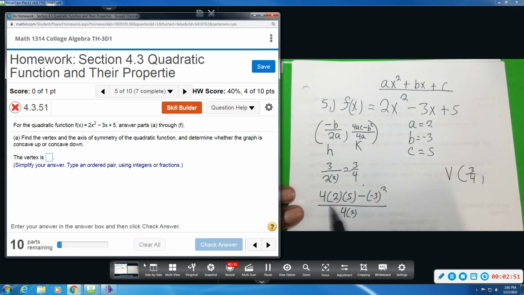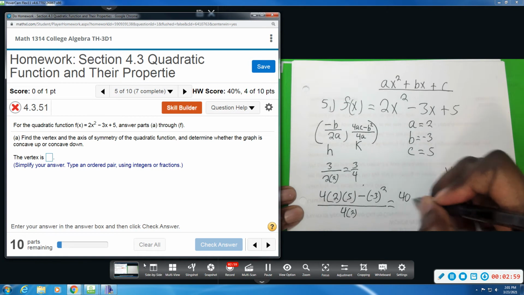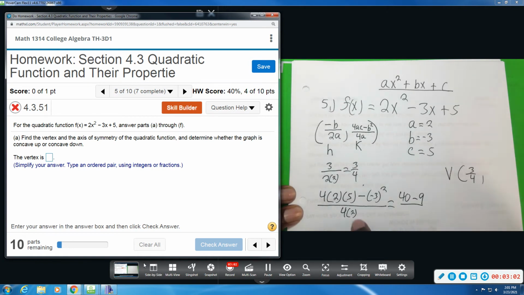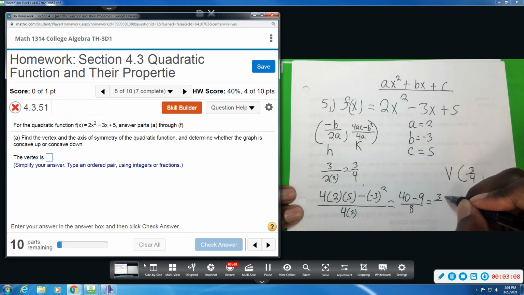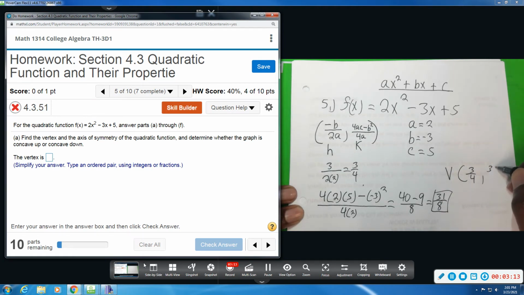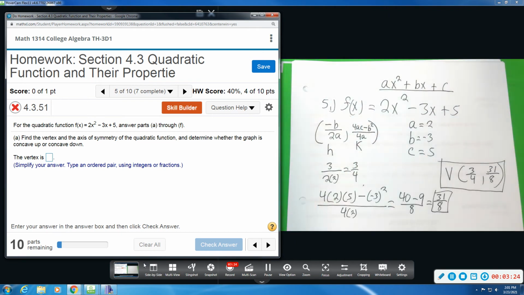Okay, so if we simplify this, 40 minus 9 on the top. 4 times 2 gives me 8. That gives us 31 over 8. So that is our y-coordinate, or our k. That would be the best way to find your vertex when you have it in standard form. Use the formula here. This is your vertex, this is your h, k.